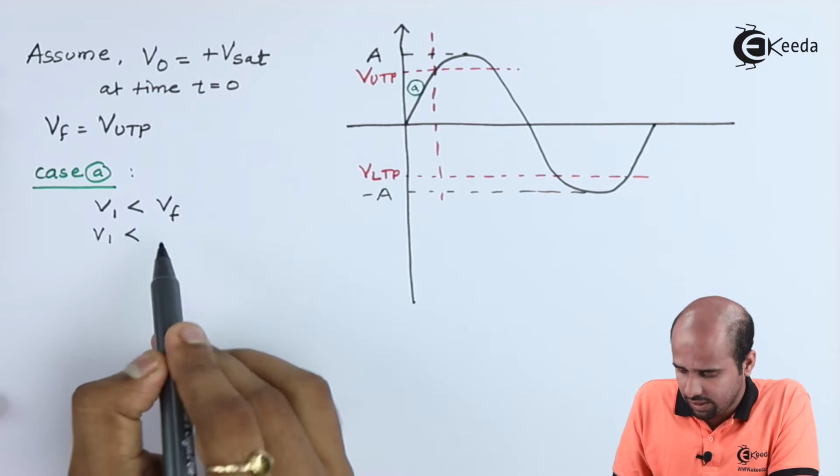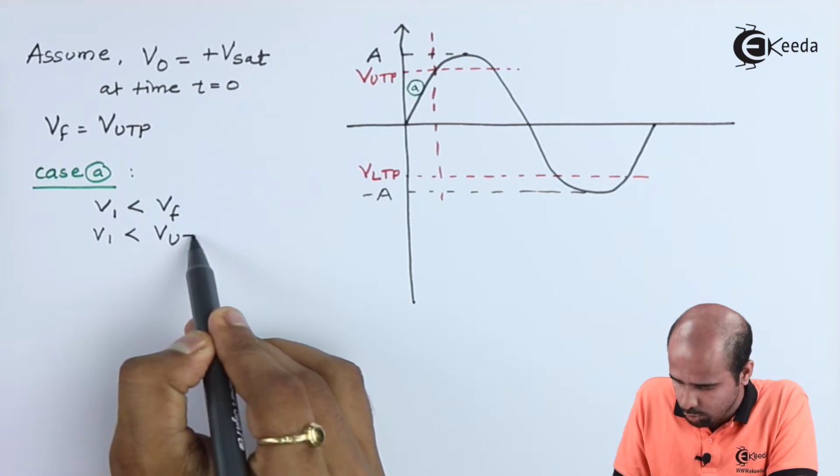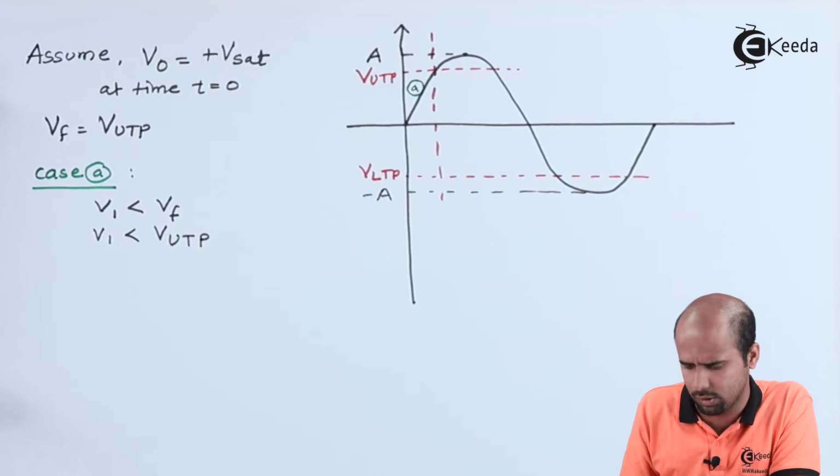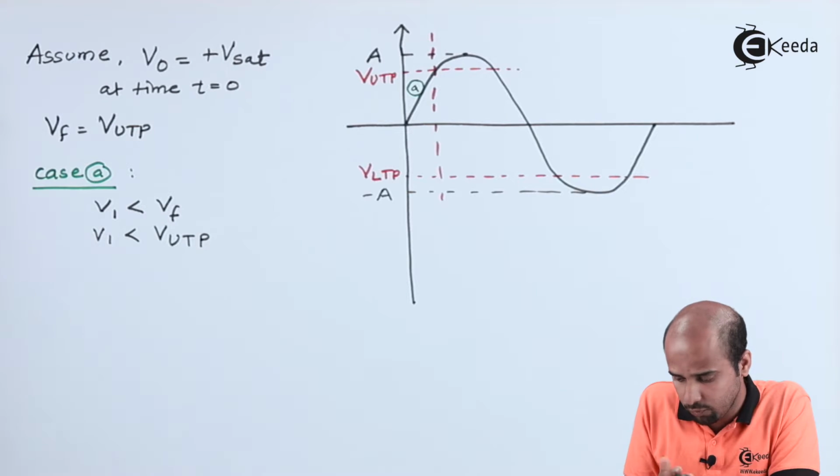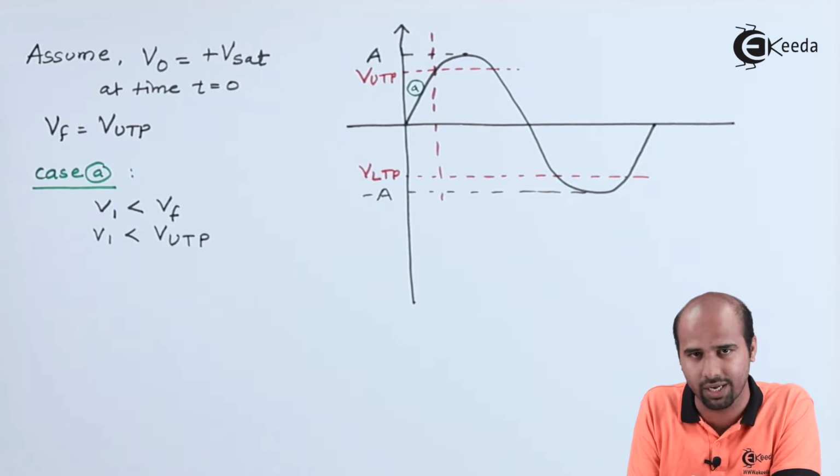Now if V1 is less than VUTP, your output will stay.